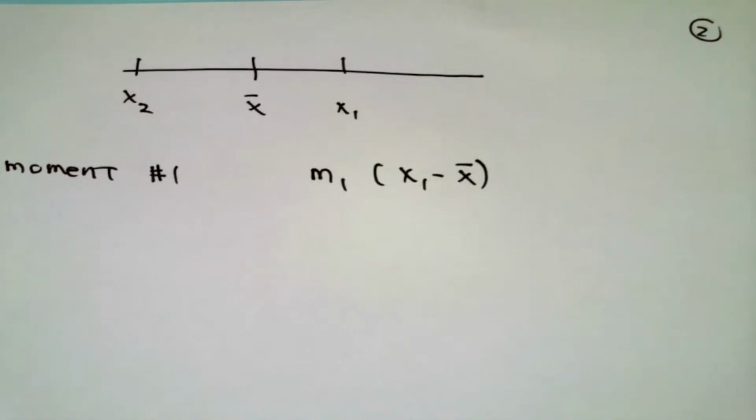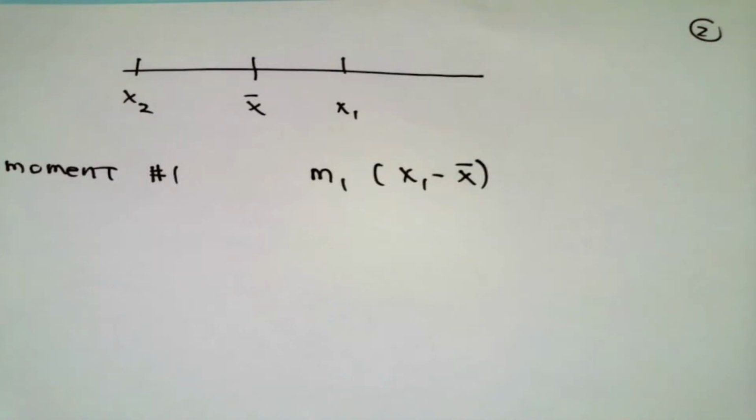If I look at the first of my objects, it's located at x equals x1, which is larger than x bar by an amount, x1 minus x bar. That number will be positive. If I multiply that by the positive number m1, we're going to call that the moment about the x bar location of object number 1.